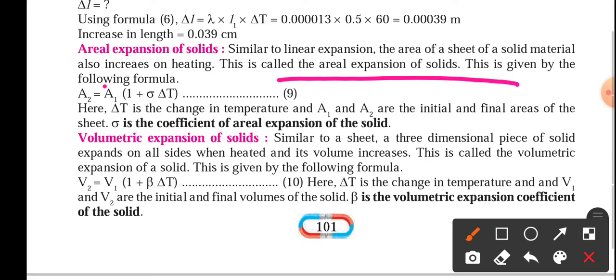This is given by the formula A2 is equal to A1 into (1 plus sigma into delta T). So this is about the areal expansion, and here of course sigma is nothing but the coefficient of areal expansion of the solid.